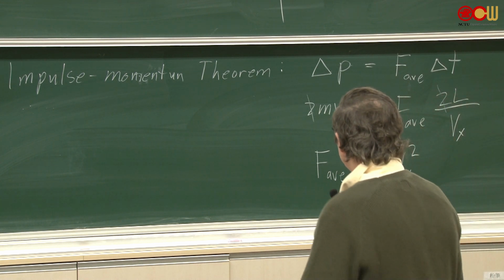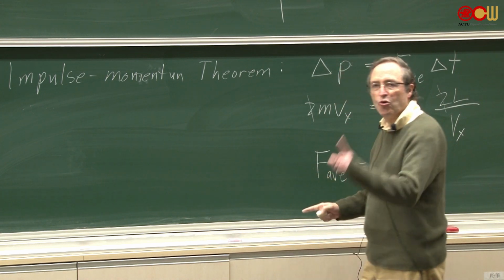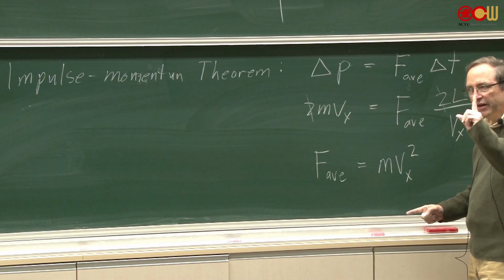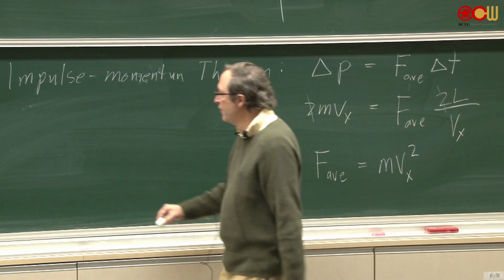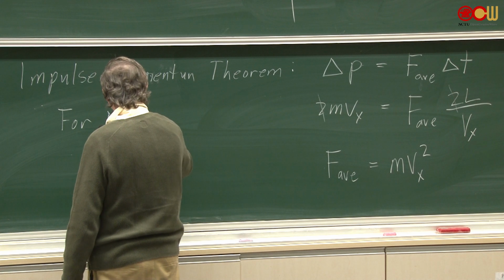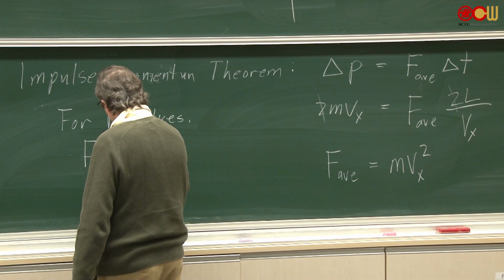Now this is for one particle. For n particles, we get F av total.